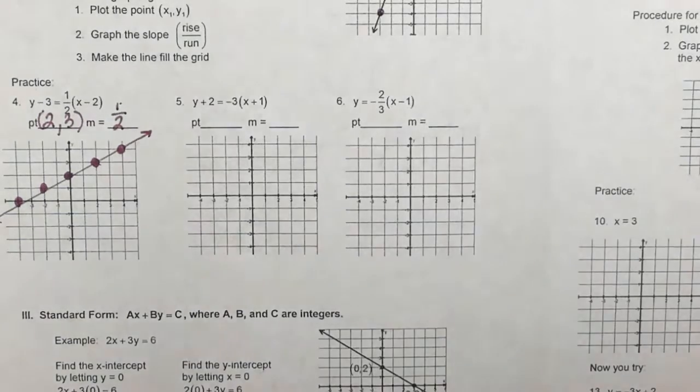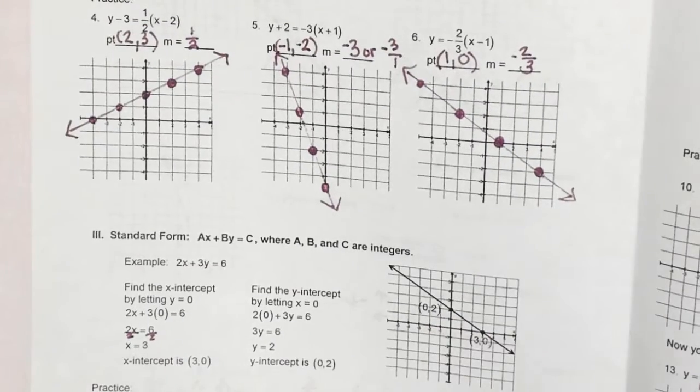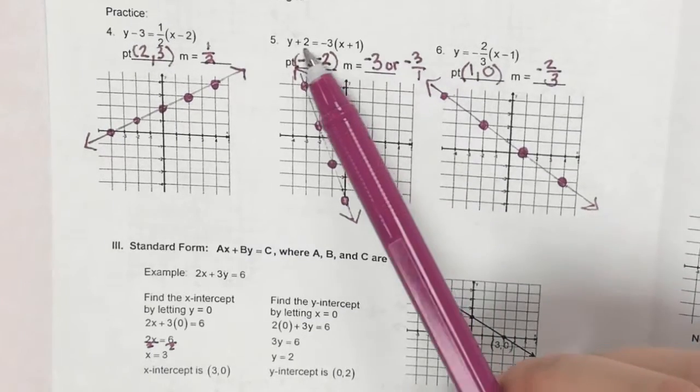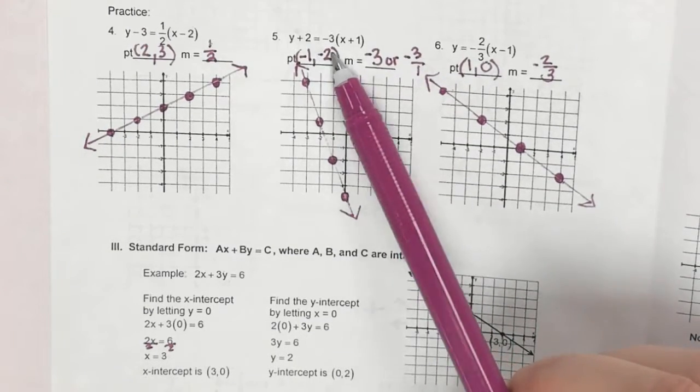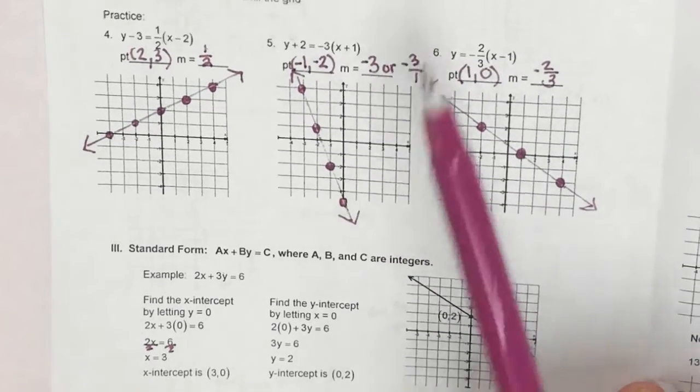Okay, so that's what we have there. They're opposite in the point, but the slope's not opposite. The slope is what it is.